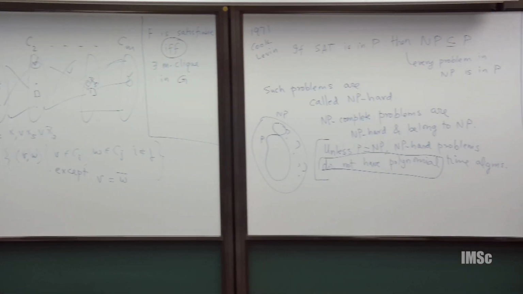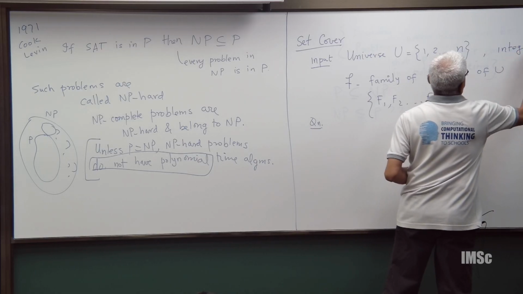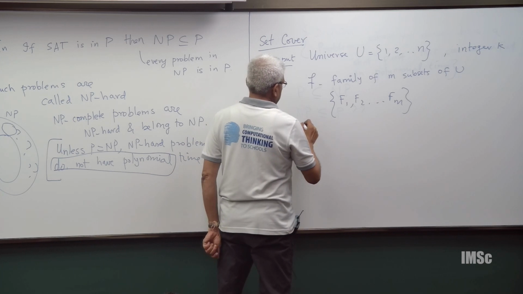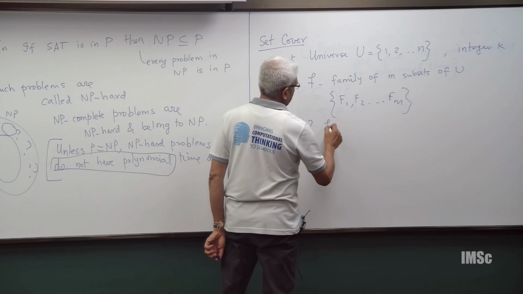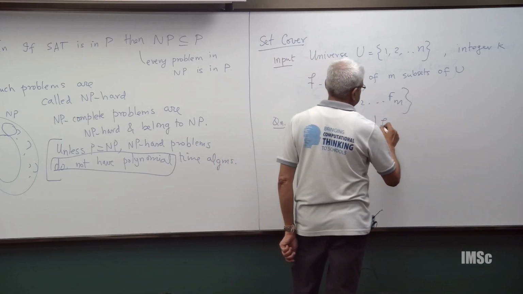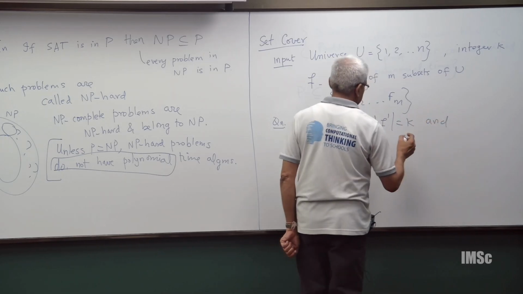Your input also has some integer k. The question we want is: does there exist an F prime, let me write it and we will see an example.